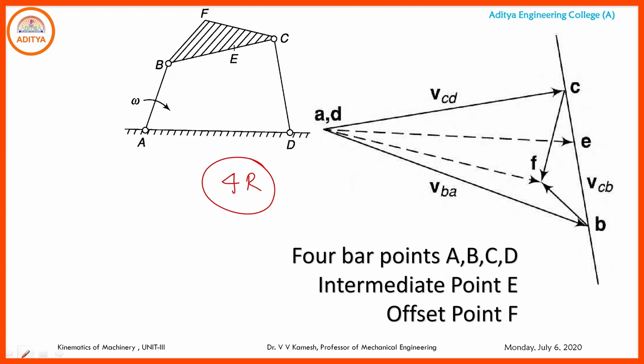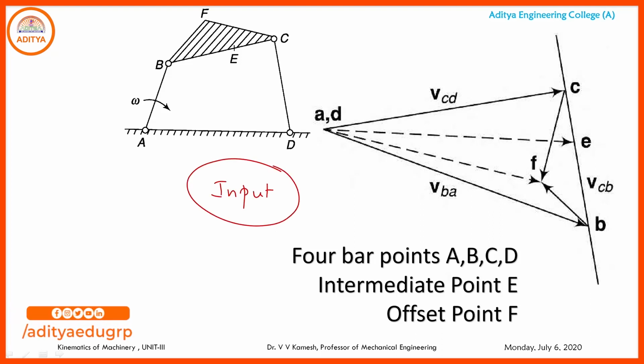So, in this 4R mechanism, to get the velocities of B, C, D, E, F or any other point, initially we need to identify where the input is. Where is the input? The input is with the crank rotation.